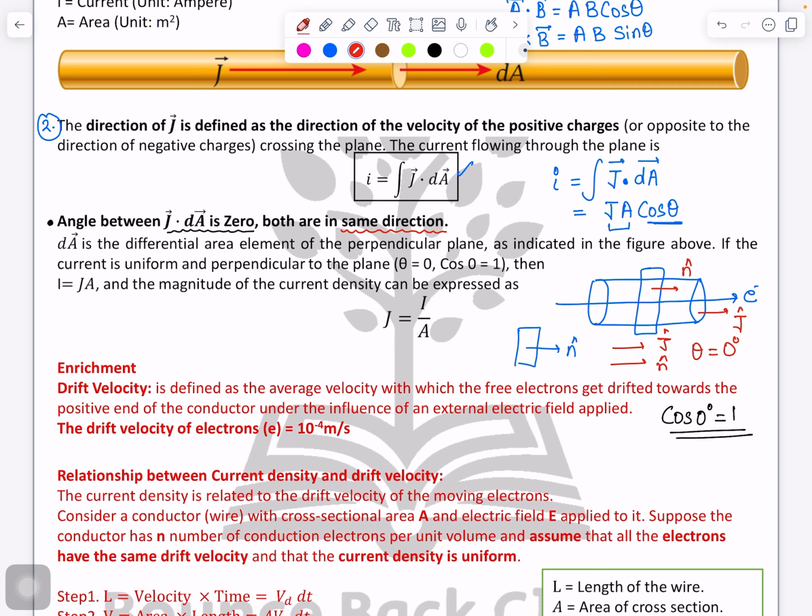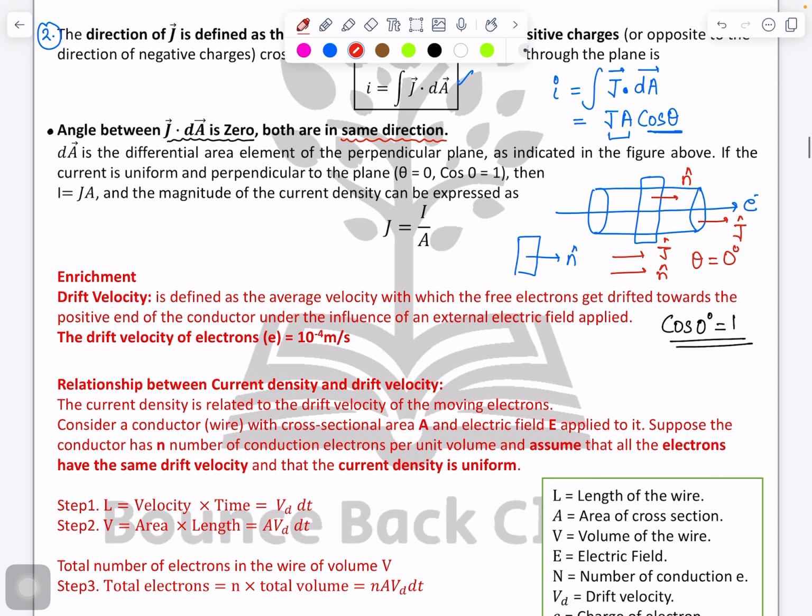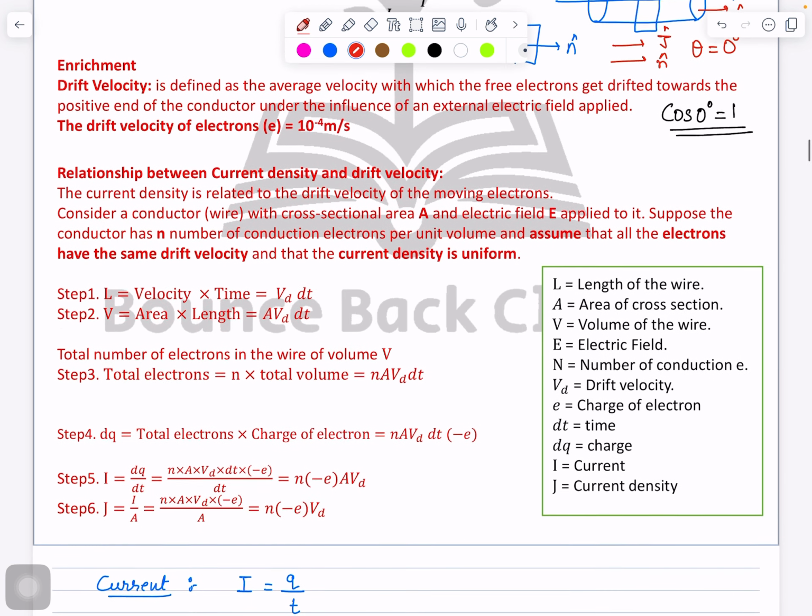Fine, guys? Okay. This part is for enrichment, and if you want, you can study from here. There is a relationship with the drift velocity. In simple terms, you can relate how current is flowing to the velocity, and how to relate this velocity with length and time.